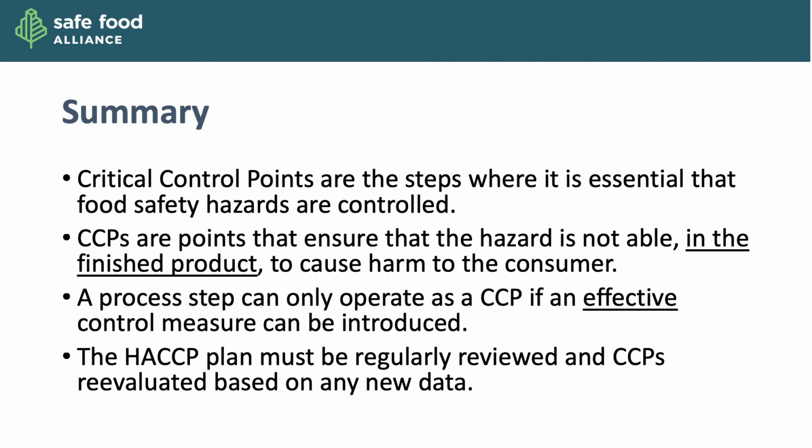All those would be examples of valid, effective steps in controlling hazards. And lastly, the HACCP plan must be reviewed regularly, and the CCPs must be evaluated based on any changes and reevaluated if there are any changes in equipment, the processing data that is being collected as a result, or if there are any concerns for food safety.